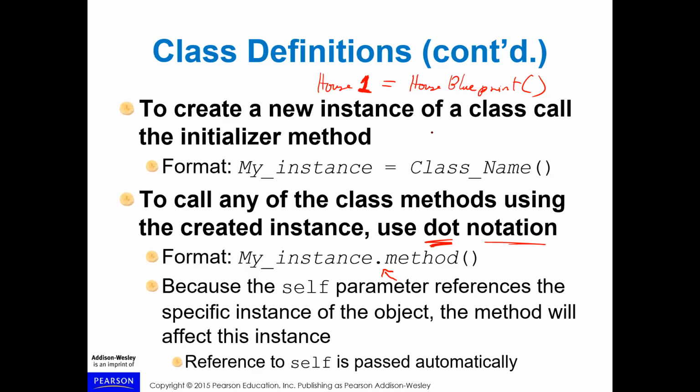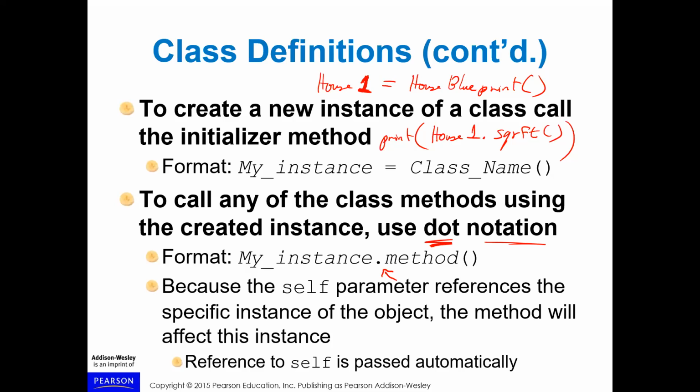Let's say you want to calculate the square footage of your house, and you have a method called square footage. Then you would just say house1 dot, whatever you called it, square feet. You put that in a print statement, and that will return the square footage, because there's a method that calculates that based on the internal variables.